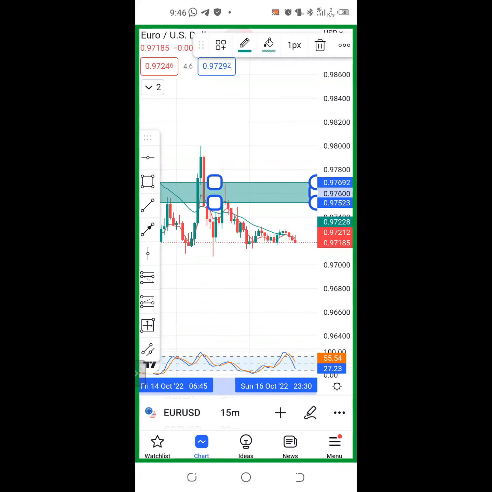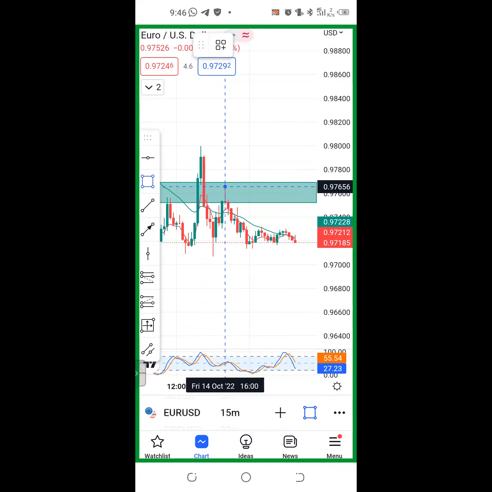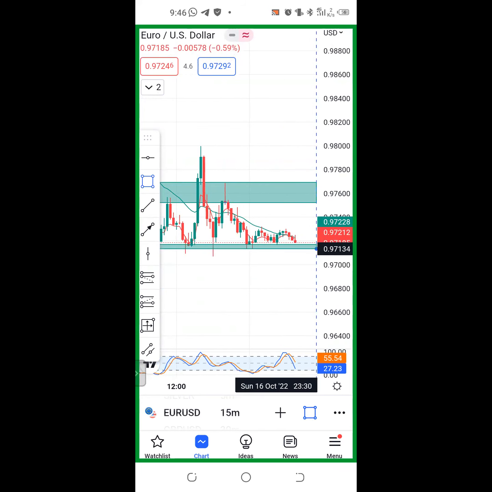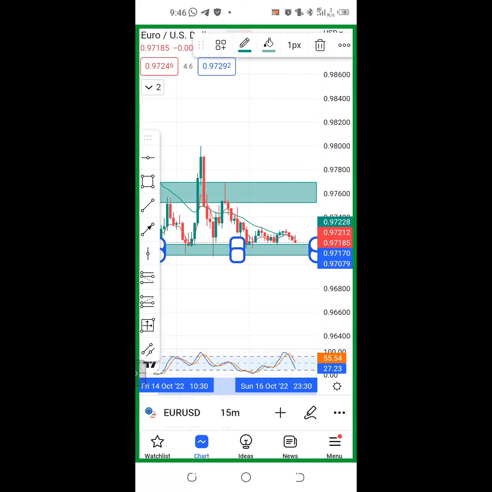Okay, now the second one on the base here. Now you see, I've captured that market as it is now.